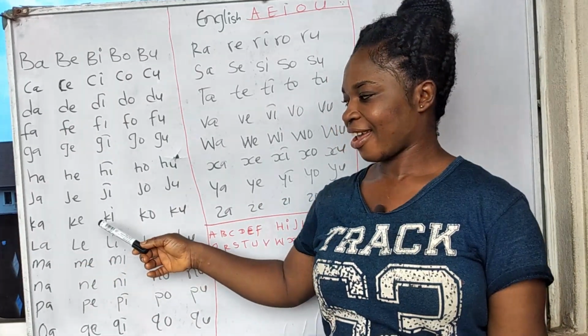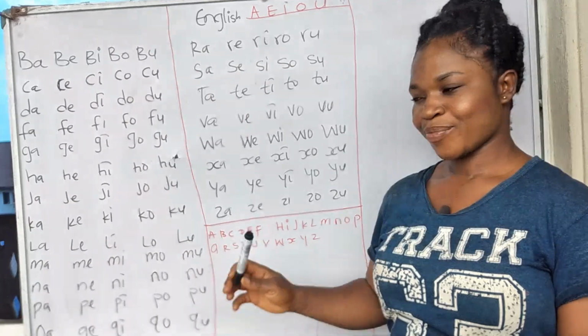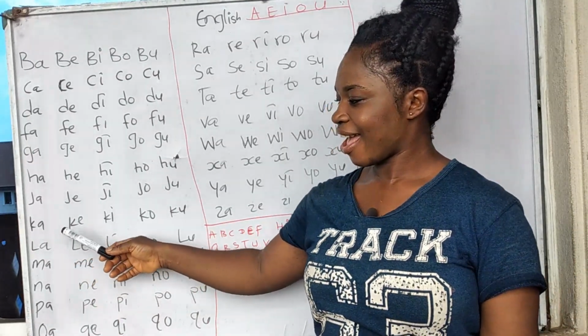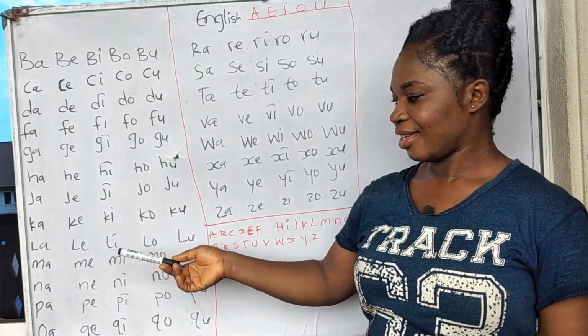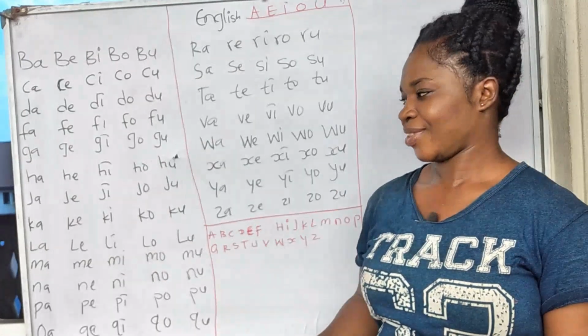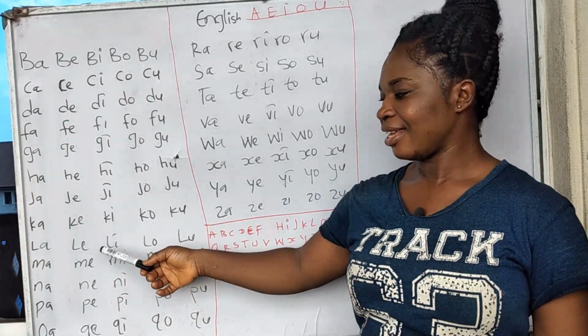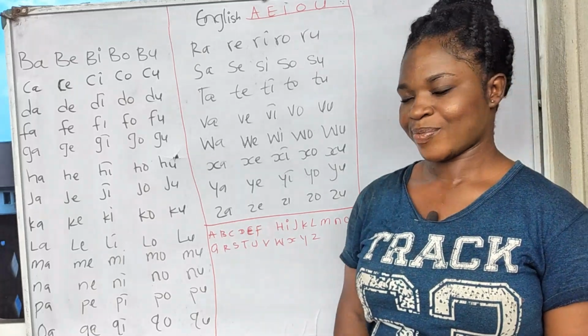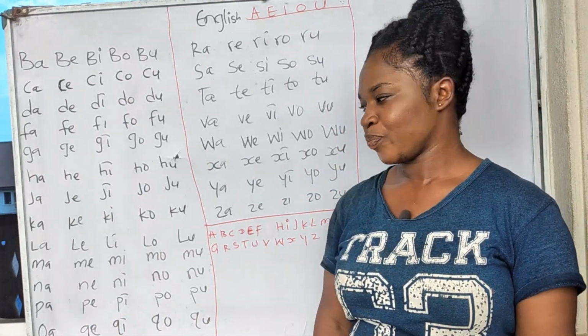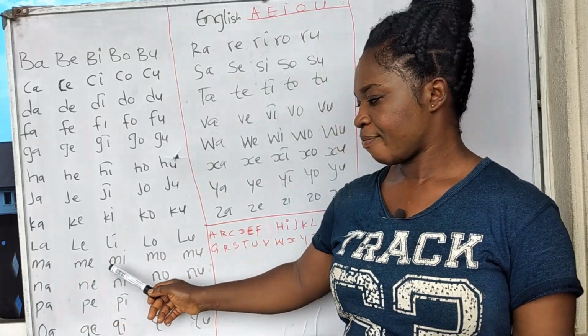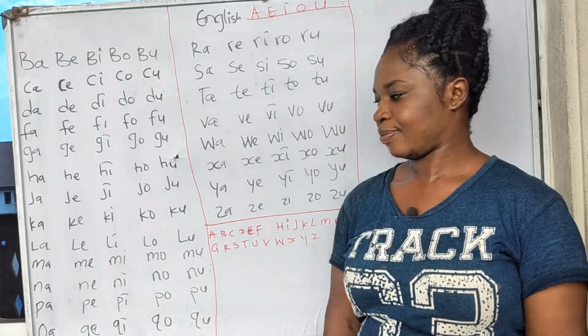Ka, ke, ki, ko, ku. Ka, ke, ki, ko, ku. La, le, li, lo, lu. La, le, li, lo, lu. Ma, me, mi, mo, mu. Ma, me, mi, mo, mu.